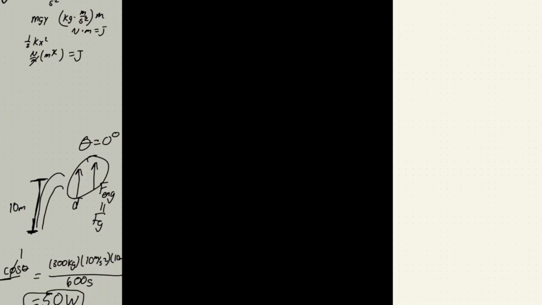Let's do one more quick example of power. P is equal to the force times velocity. So we had two ways of calculating power: work over time or force times velocity. Let's say I want to start a car from rest and accelerate it to 30 meters per second. And I knew that the force I was going to exert was maybe, say, 904.8 newtons.